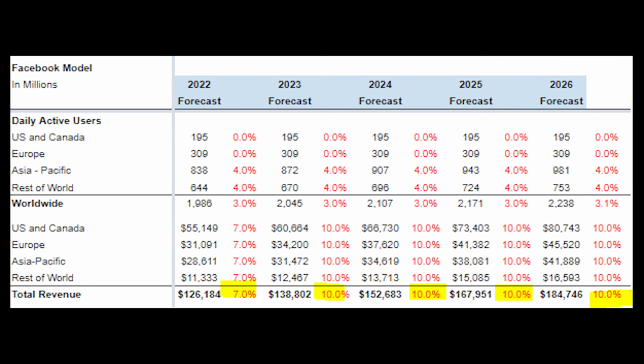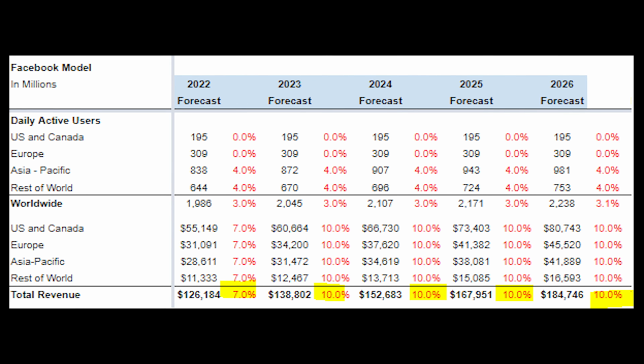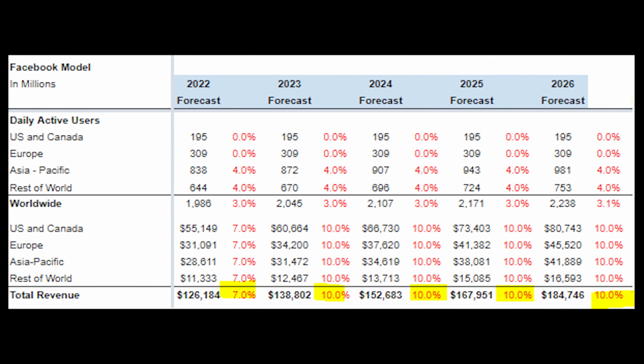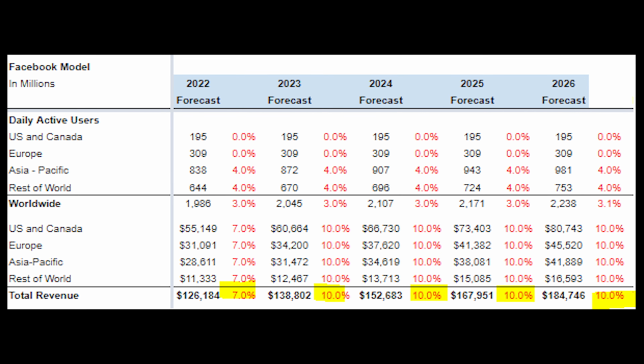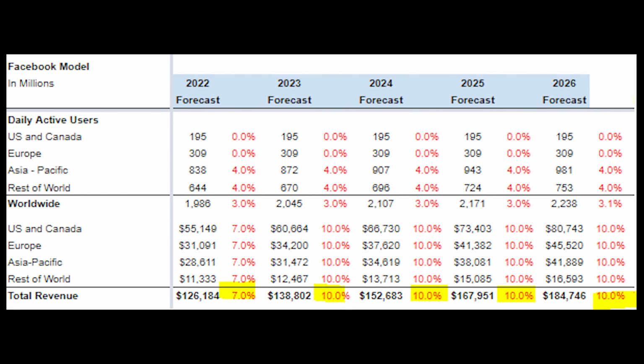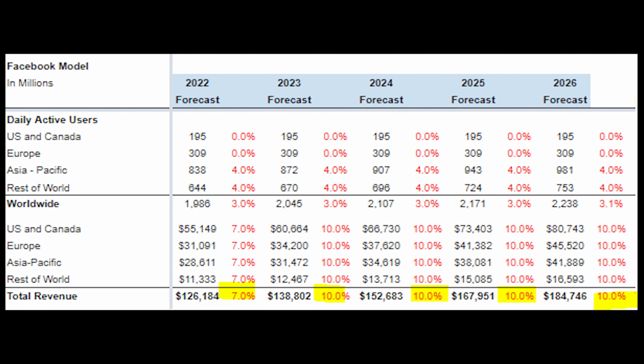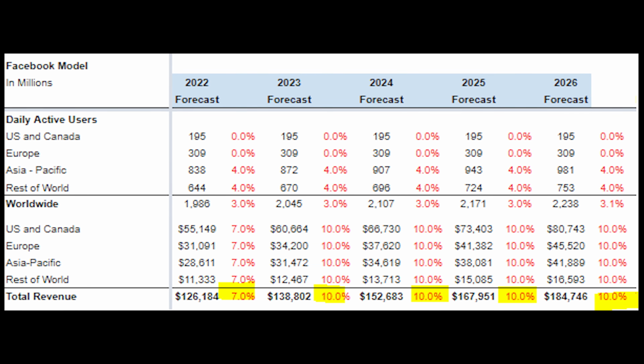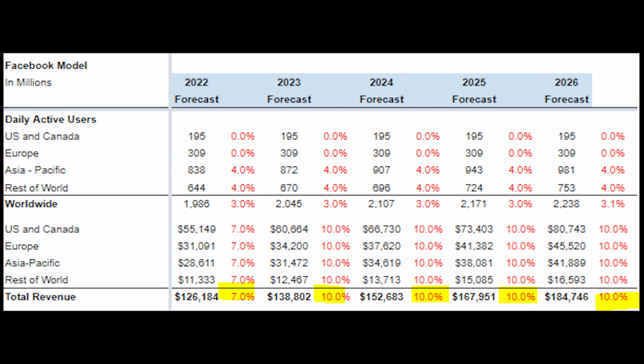So this is all to say that just because I'm only growing the number of users at 3%, doesn't mean that I'll be growing the revenues at 3%. In fact, you can see here in the forecast that I'm growing revenue at 10% for every year except 2022. This reflects Facebook's ability to continue to increase its revenue per user in 2 ways. One, they are going to attempt to bring more advertisers onto the platform.